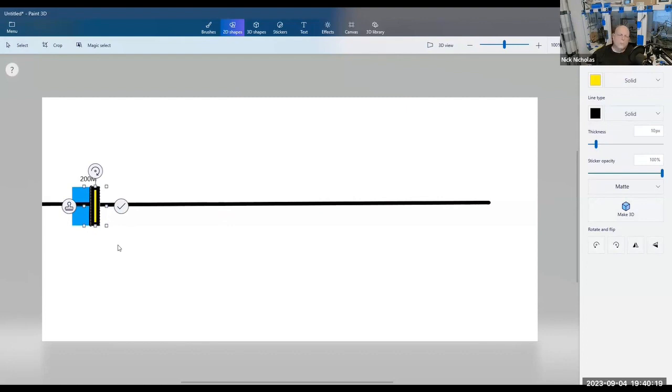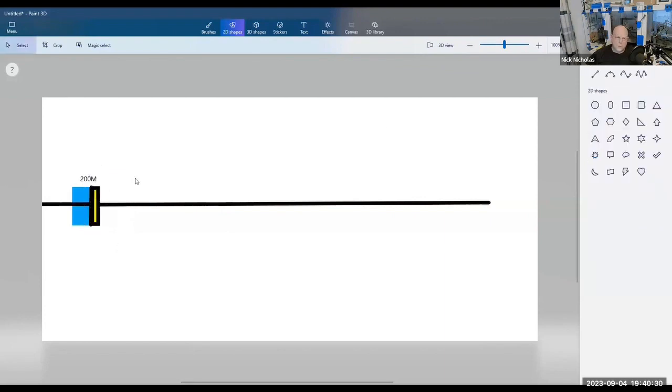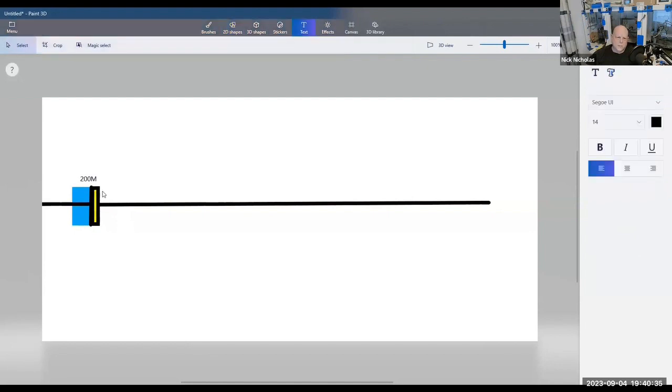It goes from 1.8 megahertz, or about 1800 kilohertz, to 2000. And this became our 160 meter band. I'm not going to worry about labeling it.